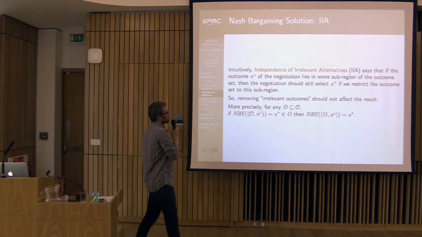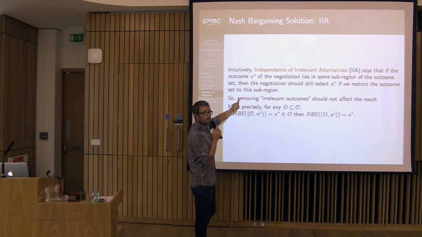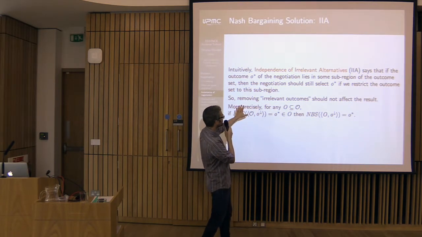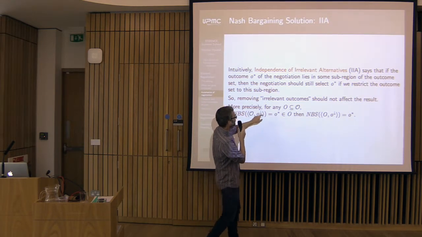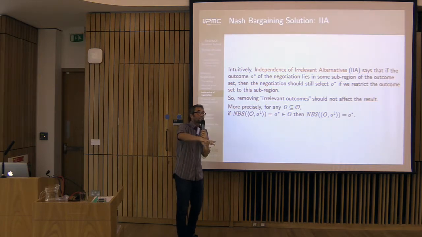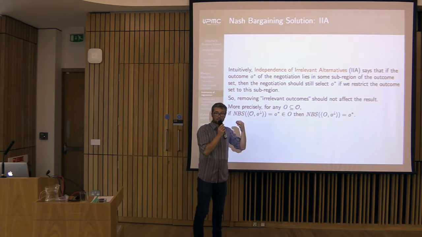So here, the meaning is that if the outcome that the Nash product would select is in some region of your outcome set, and you restrict the outcome set to this region, so basically you delete some outcomes which are not in the region, then it should not affect the result.